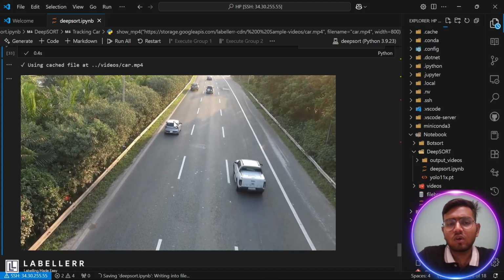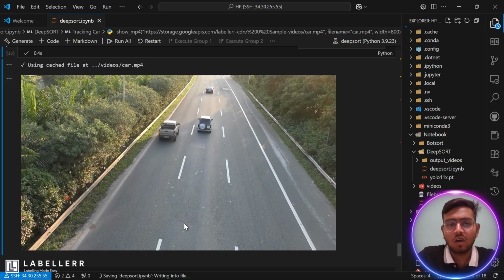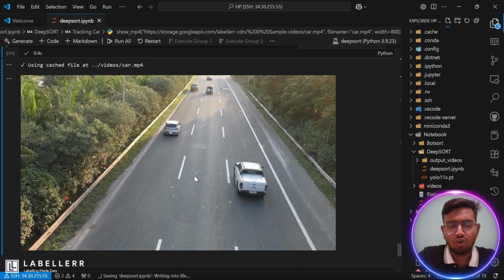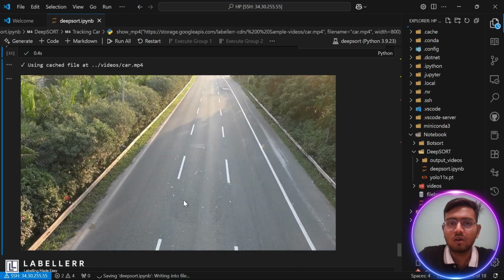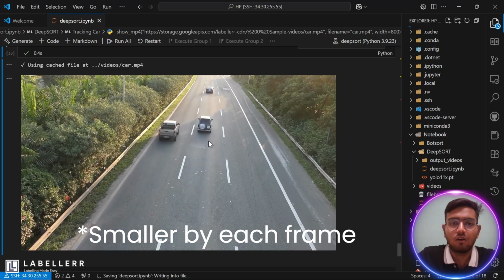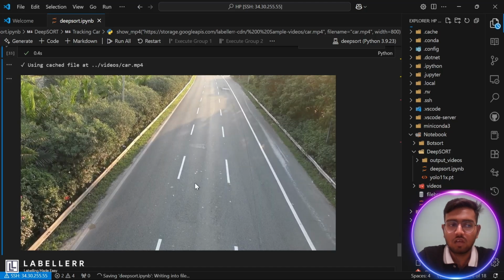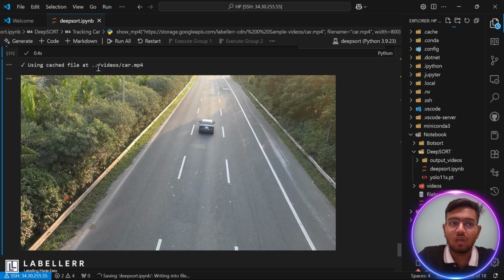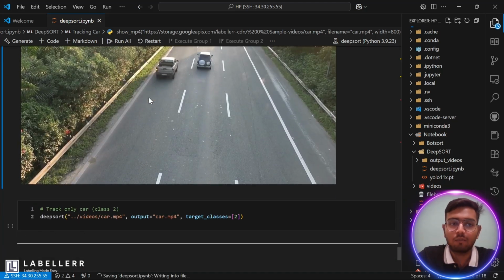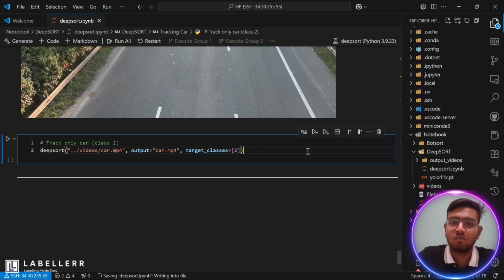In this video, you can see the car is moving in a straight line, but the problem is that the car, which is the object here, is becoming bigger with every frame, which makes it difficult for the tracker, like the Kalman filter, to predict that it is the same as the previous object. You will see what happens in this type of video. Let's see the inference of deep sort on this video.